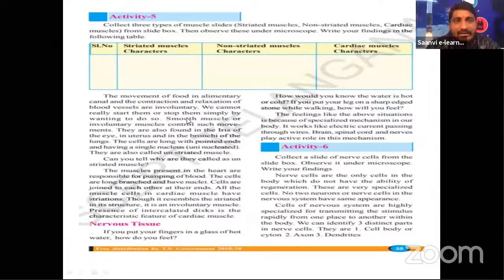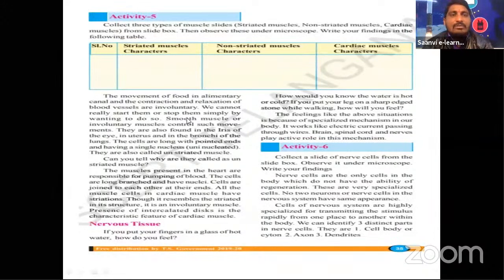Next, see Activity 5. Collect three types of muscle slides: striated muscle, non-striated muscle and cardiac muscle from the slide blocks. We will get some permanent slides, so there is no need to prepare them. By using these slides, we can observe the structure of striated, non-striated and cardiac muscles.